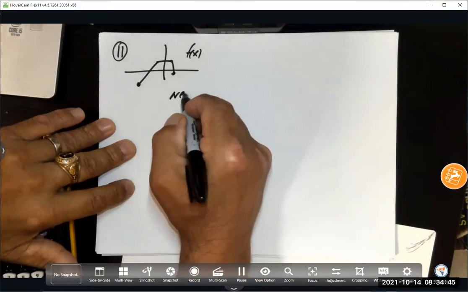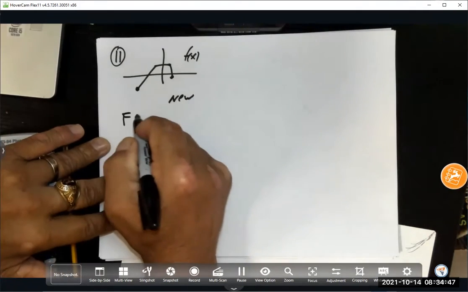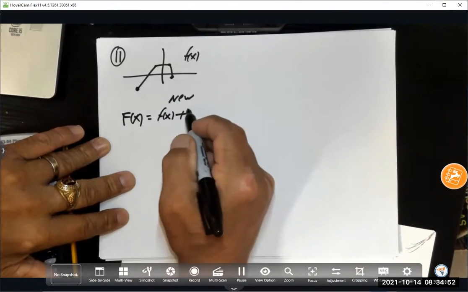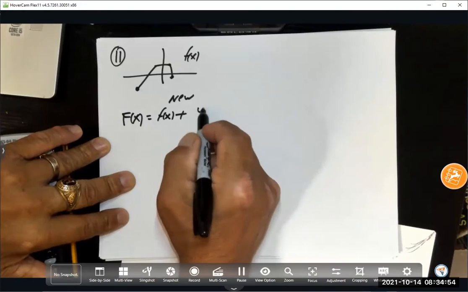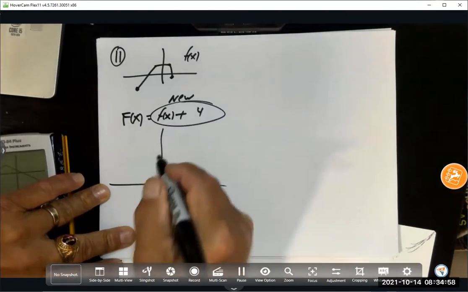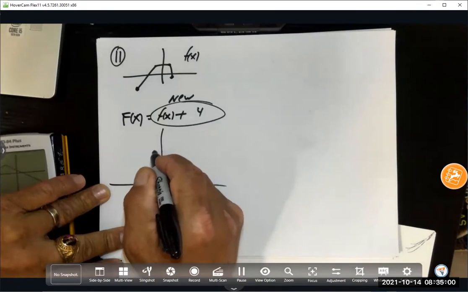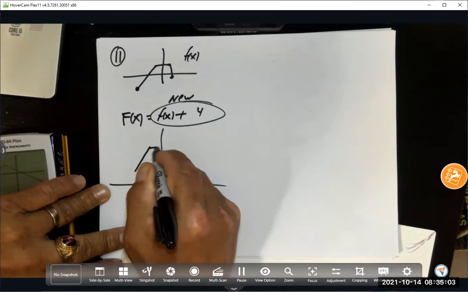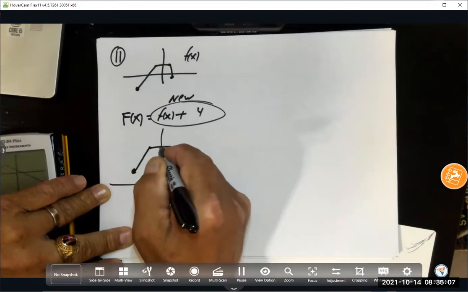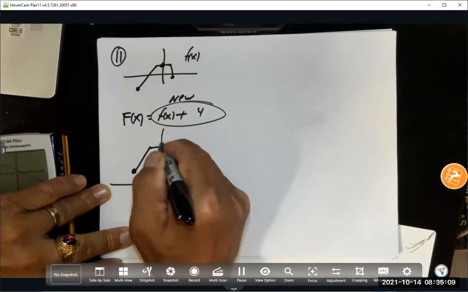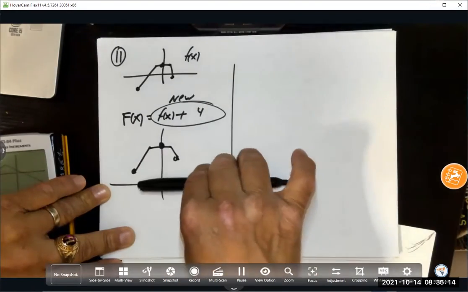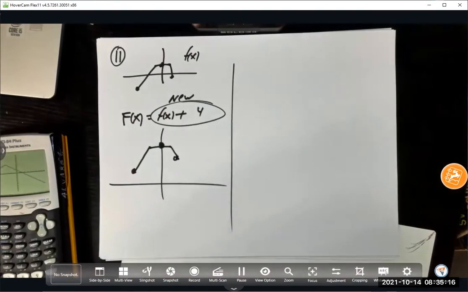The new graph, let's say big F of x, is going to be f of x plus a number, like say plus 4. That means that the original graph is just going to get pushed up 4 spaces. So it's still going to look like this, but it's going to be up here somewhere. It's going to push the graph up 4 spaces. Does that make sense?